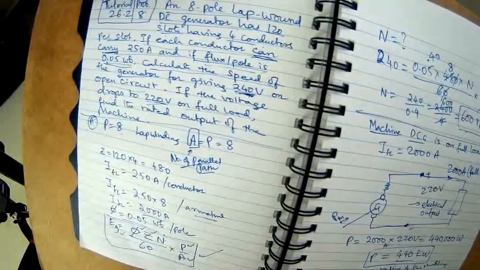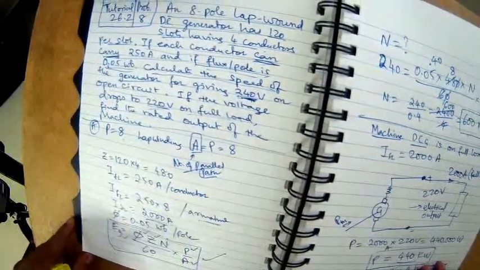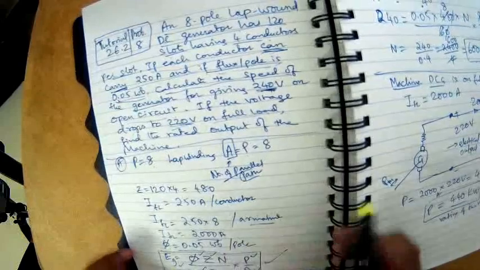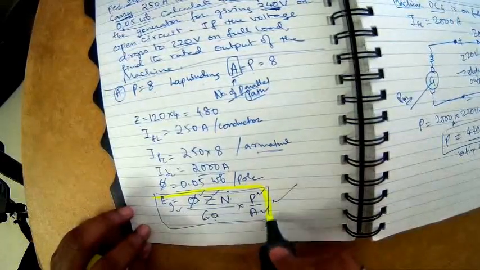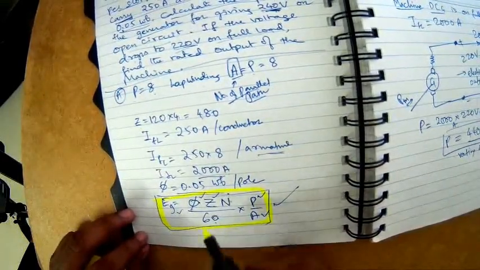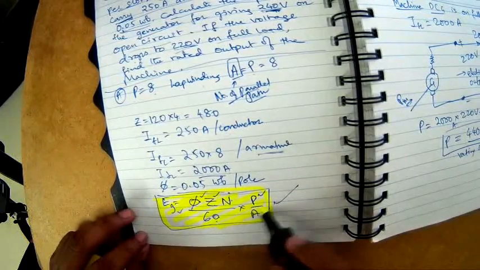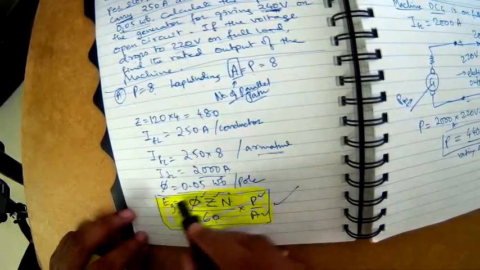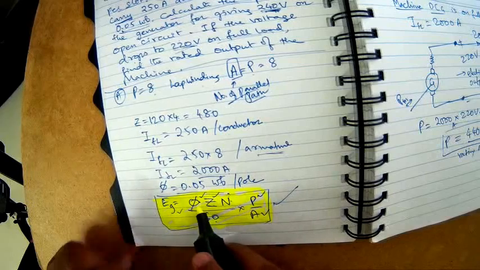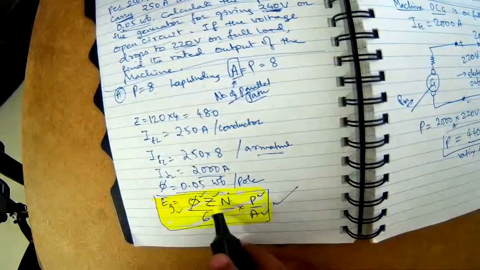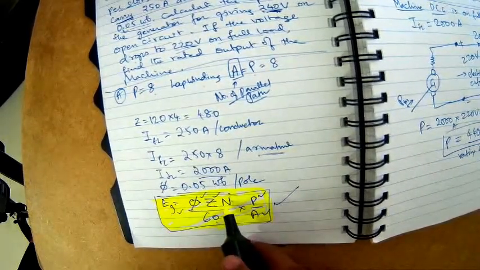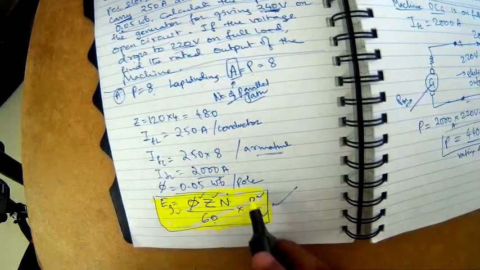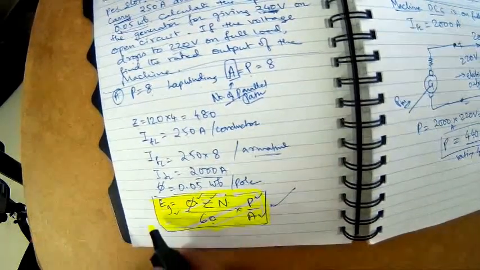Mainly, to review this problem, the complexity involves knowing this formula. This is the EMF generated in a DC machine. So let me just highlight it. EMF generated is proportional to the flux. More conductors, more EMF. The faster you rotate the machine, more EMF is generated. More poles, more EMF is generated.